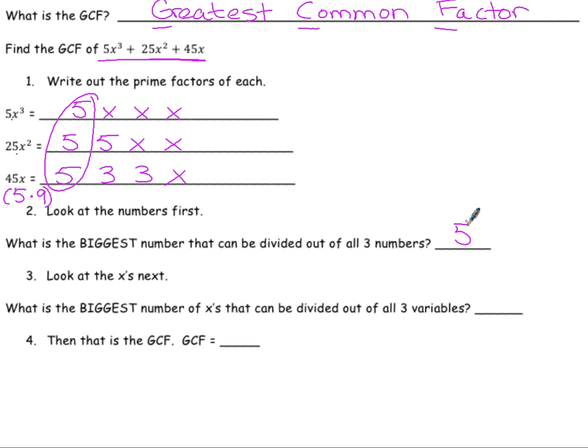There's 3 in this one, there's 2 in this second one here, and there's only one here. So it looks like the most x's we could pull out of all three would be just 1x. So it looks like our greatest common factor for those three terms would be the 5 and 1x, 5x.